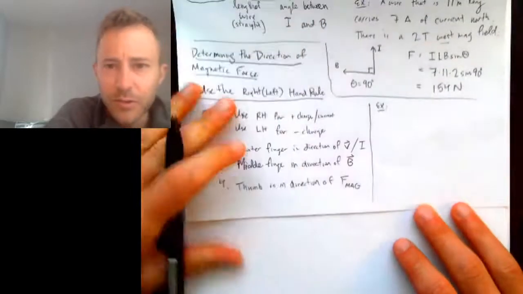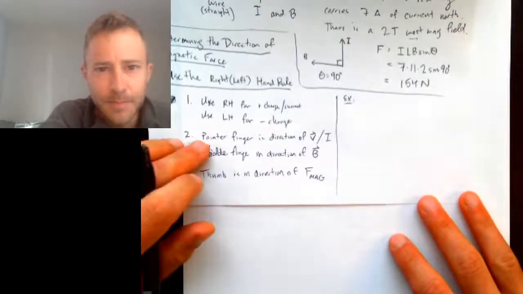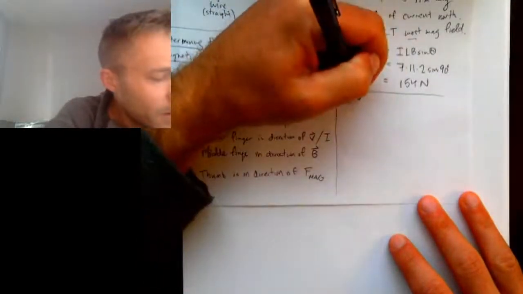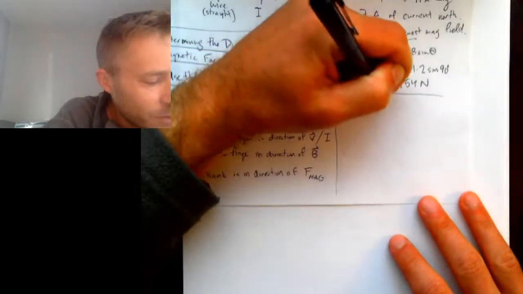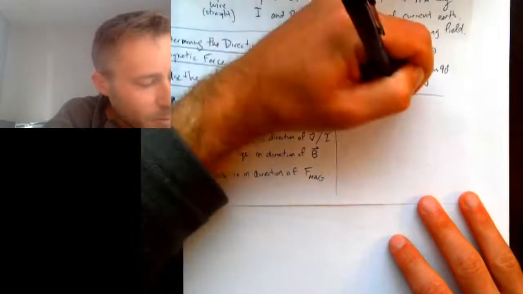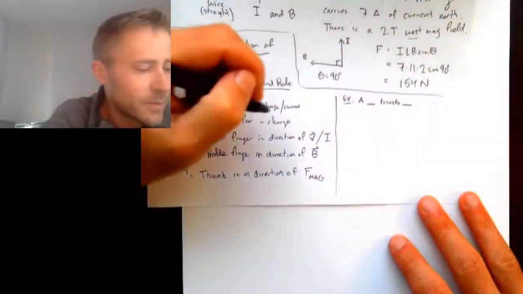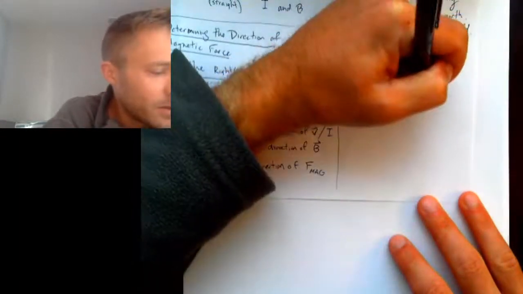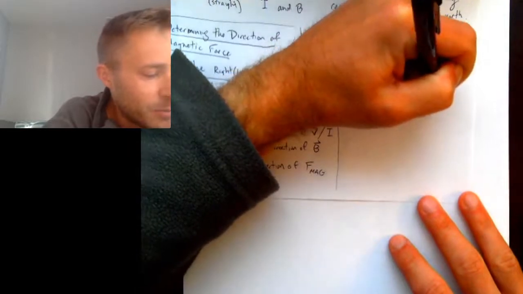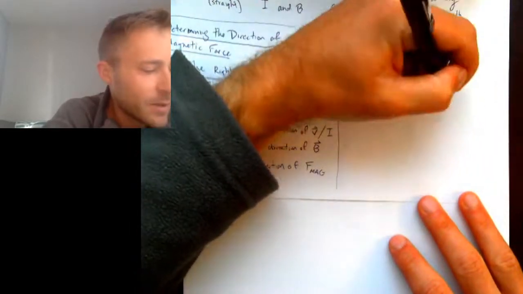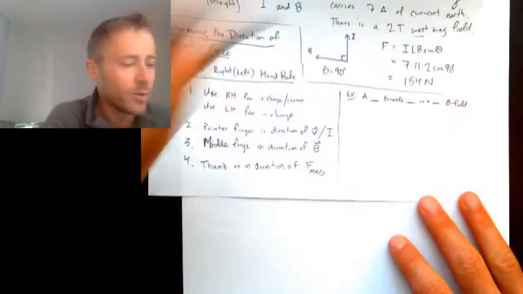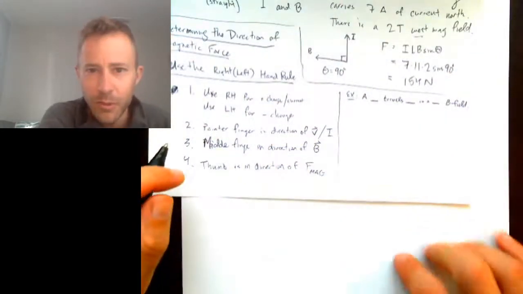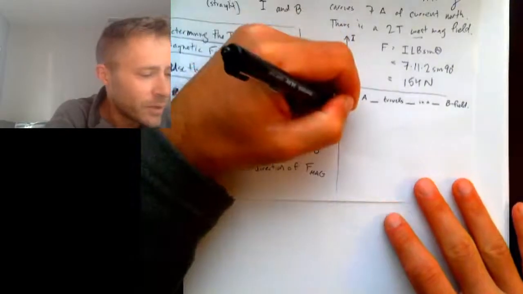These examples are going to be of the form: a blank travels blank in a blank magnetic field, and we want to know what is the direction of the force. We're going to do a lot of examples.